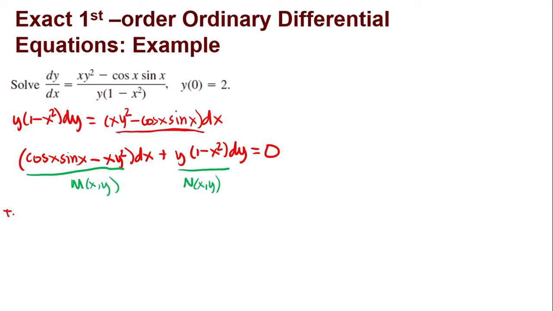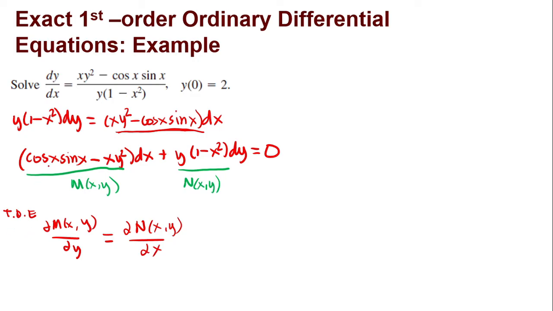We're going to identify if this is an exact differential equation by the test of exactness. The partial derivative of M(x,y) with respect to y must equal the partial derivative of N(x,y) with respect to x.